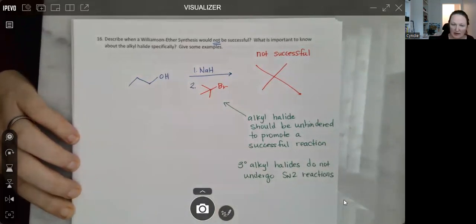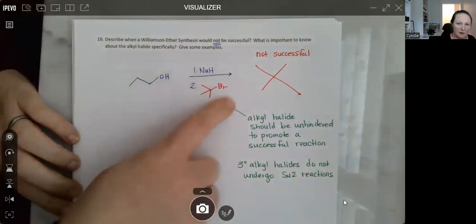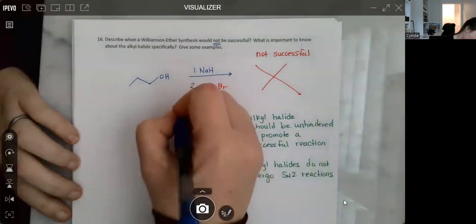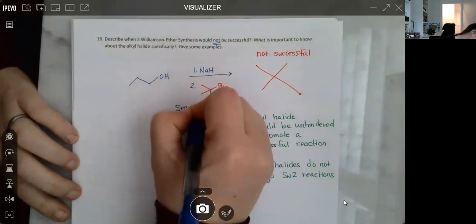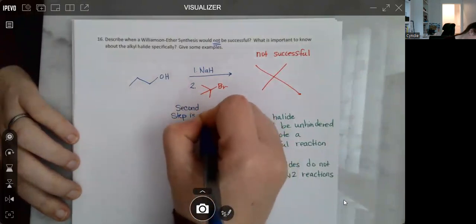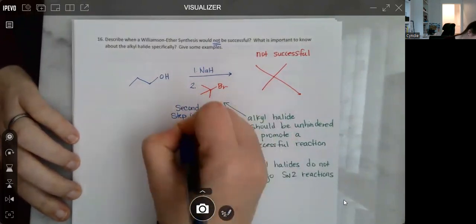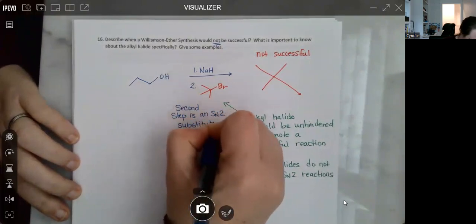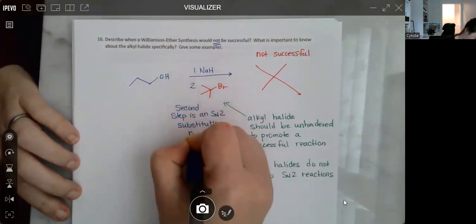We need this to undergo an SN2 reaction in order for this to work. Okay, so we'll write: second step is an SN2 substitution reaction.